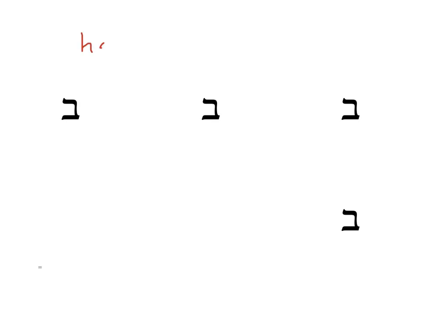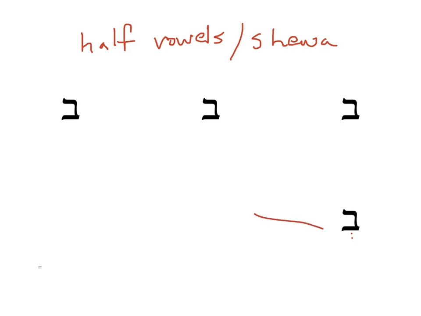Next, we need to talk about half vowels. And these are very short vowels. Also, these are all schwa vowels. Now, the schwa itself is just these two dots directly underneath a vowel. And there's two kinds of schwas.